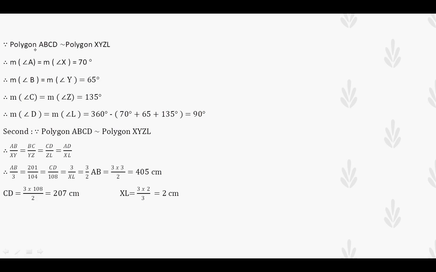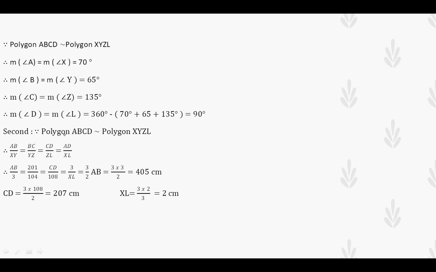So to find the measure of angle D, which equals measure of angle L, equals 360 minus (70 plus 65 plus 135), which equals 90.